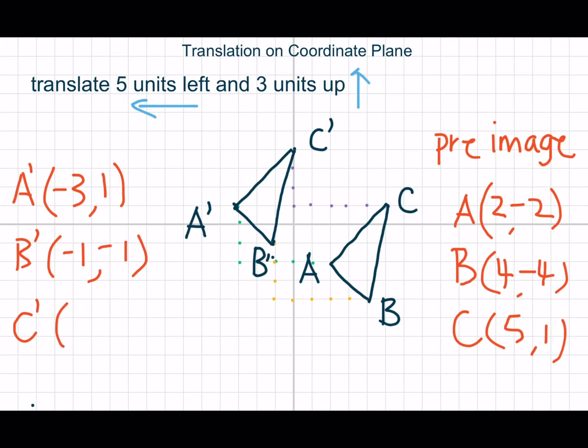C prime is now at 0, 4. And these are your image points. I want you to keep in mind, see if you can figure out the relationship between the coordinates of your pre-image points and your image points. We're going to talk about this in the next lesson, but see if you can figure anything out.